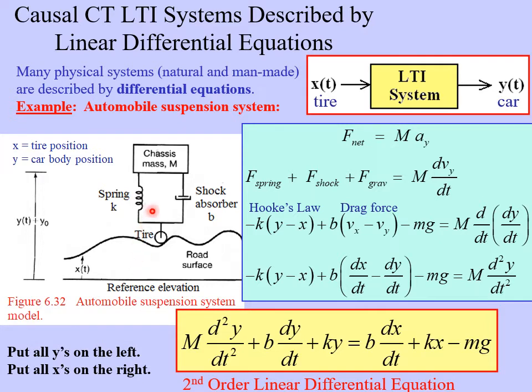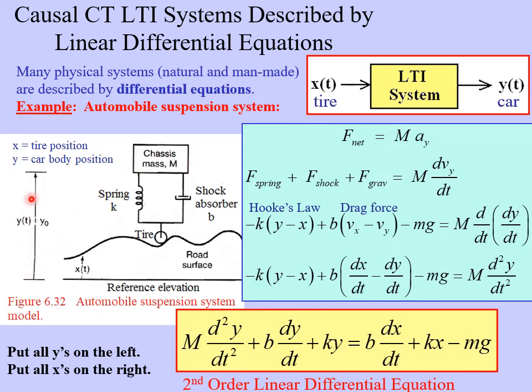So, basically it's a spring, a damped spring, just like in the last problem, but it's a little more complicated because now we have something that's driving the spring. That is the road down here, the surface of the road, which we call x, is pushing the tire up and down, as you go over bumps, and then the spring and the shock absorber work to smooth out those bumps, and then the car up here is going to respond.